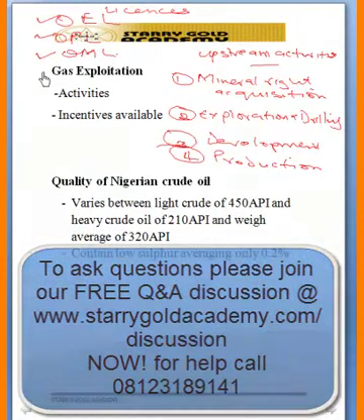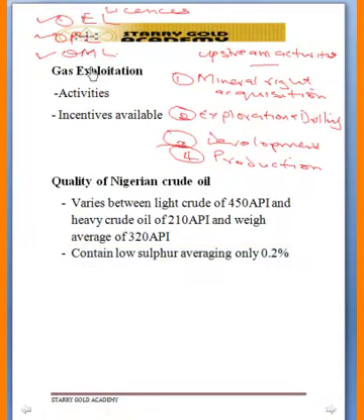Another part of the industry is gas exploration. Remember, we're talking about oil and gas. This should be exploration, not exploitation. What have we got to say about gas exploration?